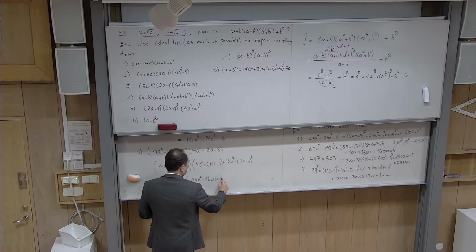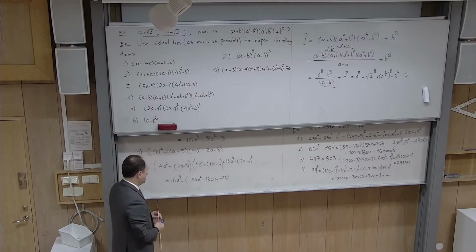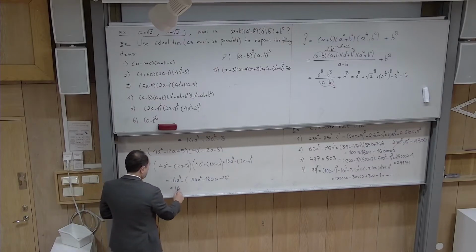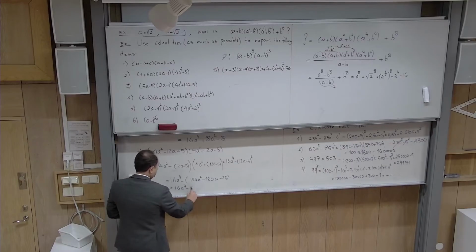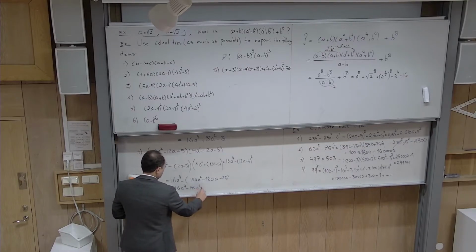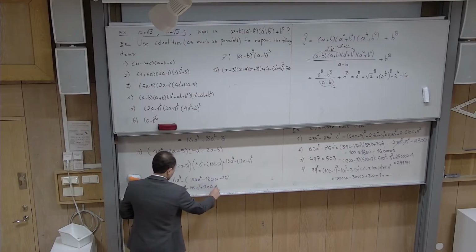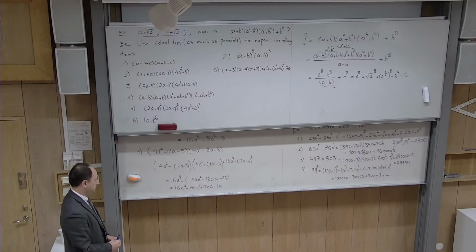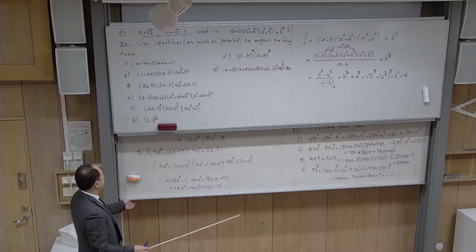And then the second one is plus 25. But then of course you have to open it up. So this becomes 16a to the 4th minus 144a to the 2 plus 120a minus 25. Yes? Okay, so that was number 3.